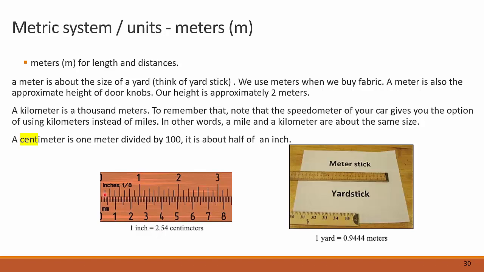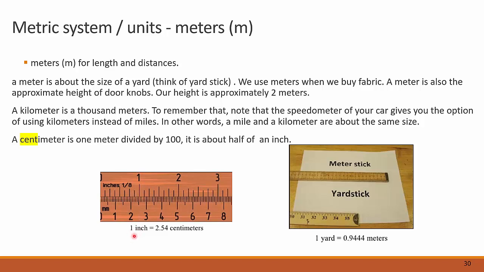Now, here are 2 rulers, one in inches and one in centimeters, and actually millimeters. The small notches are millimeters, the large notches, 1, 2, 3, that's centimeters. And notice we are at about 2.5-something till we get to the 1 inch, from 0 to 1.